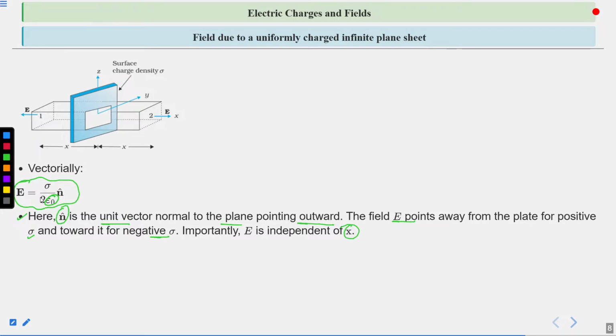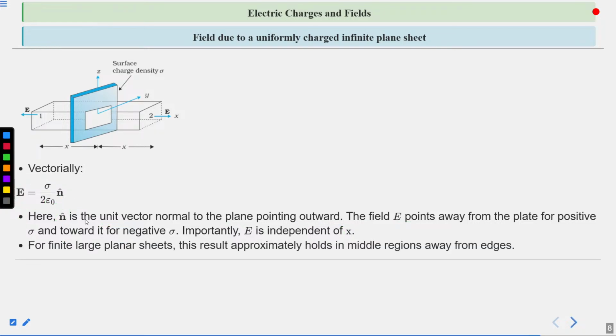Now for a finite large planar sheet, the result approximately holds in the middle regions away from the edges. So this is all about the field due to a uniformly charged infinite plane sheet.